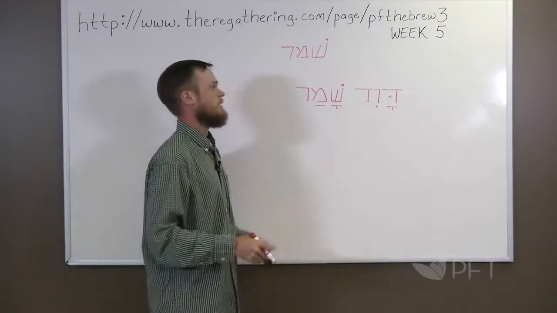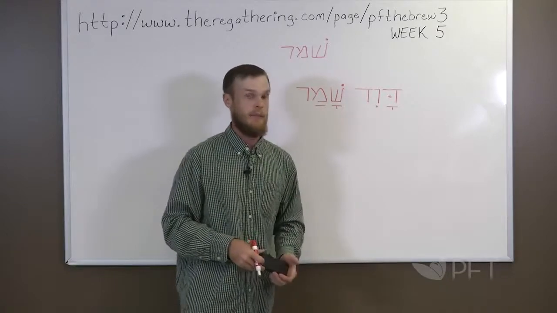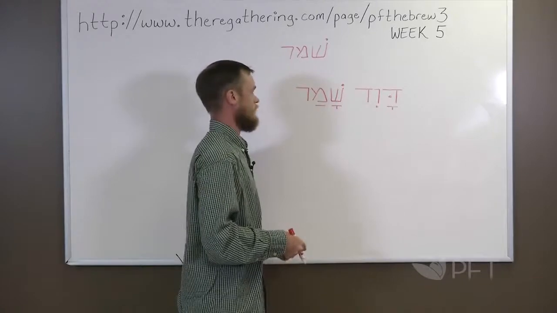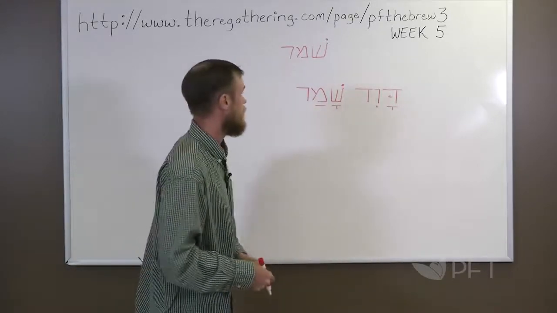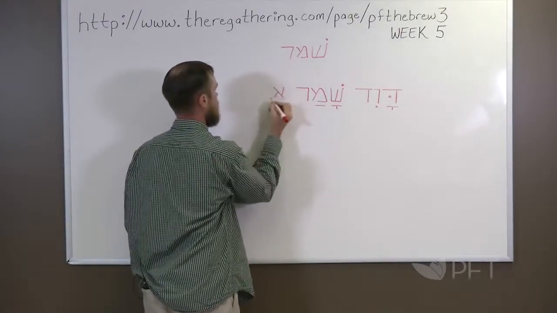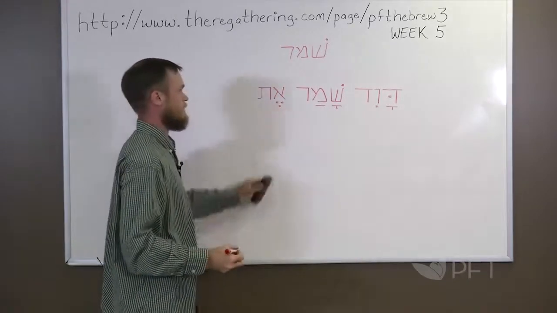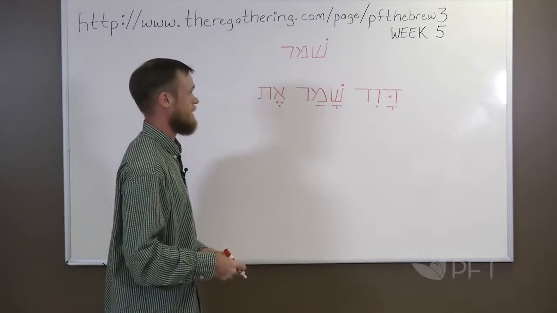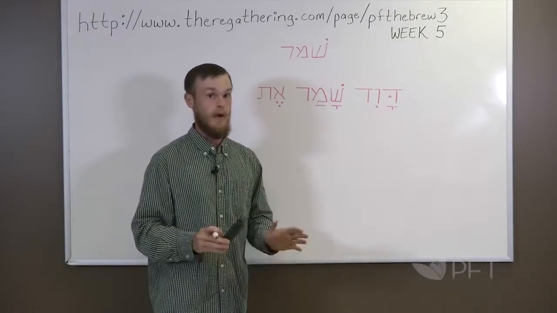So David shamar, David kept, and now he kept the commandments. Well, David's the subject. He's the one doing the keeping. The things being kept are the commandments, so they are the object. So, as the direct object, they must be preceded by et, to indicate that the direct object comes next. Otherwise, we don't know if David's keeping the commandments or the commandments are keeping David. Although in the case of this sentence, we actually would. Why would we?